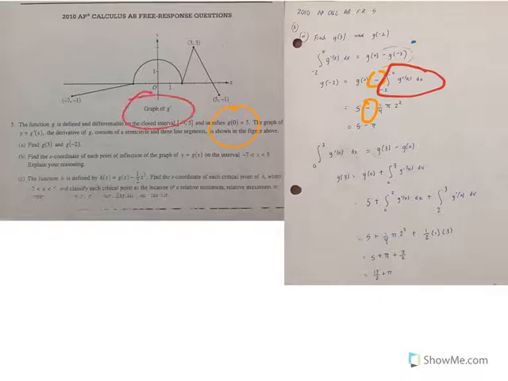Well, we are given the graph of g prime, so we're going to interpret this definite integral as the area under the graph of g prime from -2 to 0. So here's -2 for x, here's 0 for x, and this definite integral is the area that's under the graph of g prime from -2 to 0.